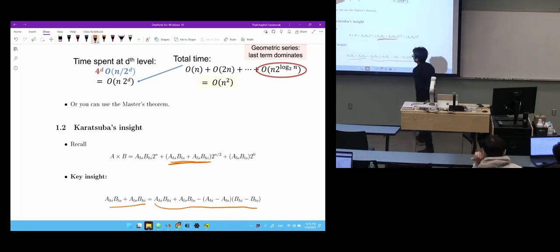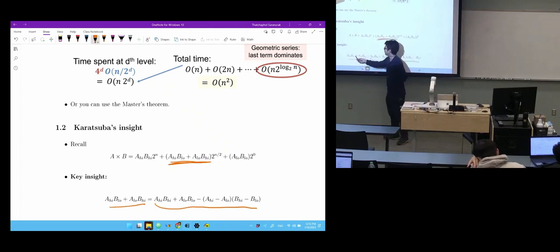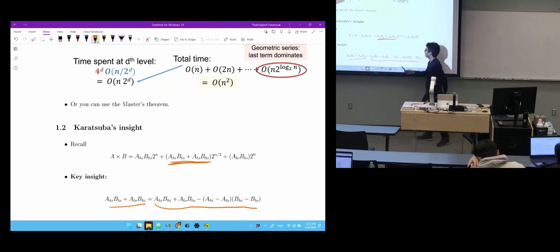So this is the thing. This expression looks like something that involves just 2 multiplications, and you rewrite it into something that looks like it involves how many multiplications? 3. Like 1, 2, and then 3. Why is this true? You can just multiply and verify. There's nothing deep about it.